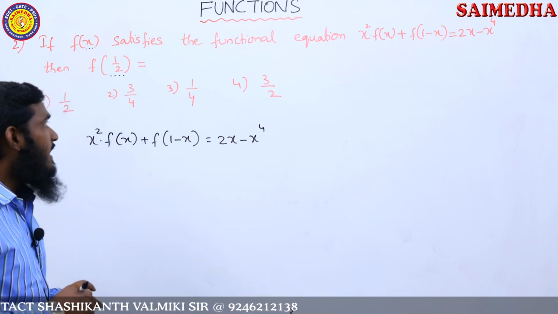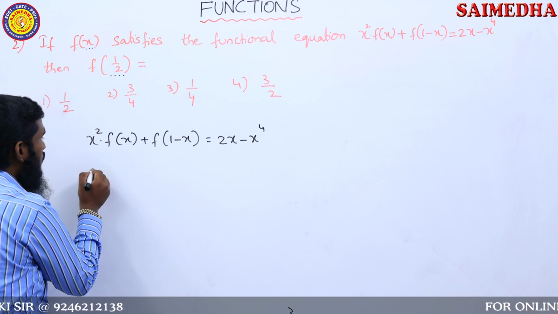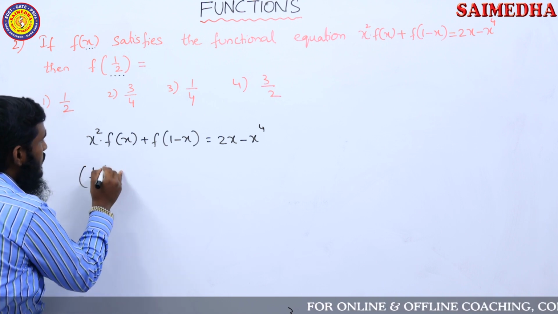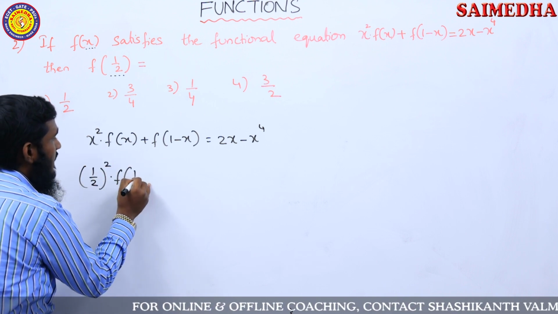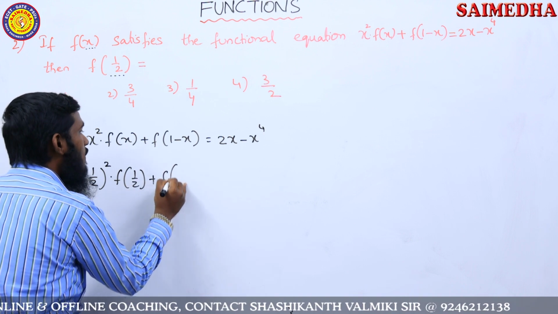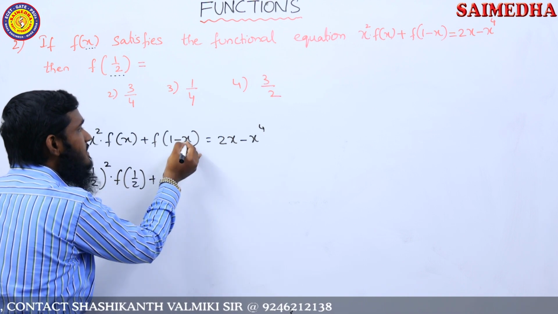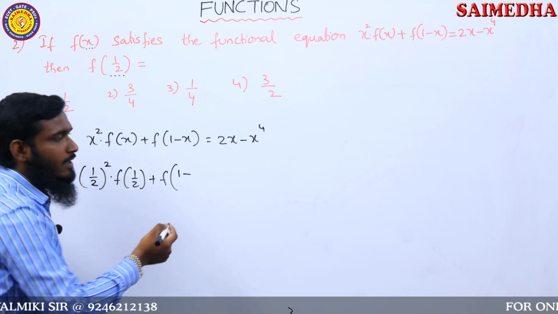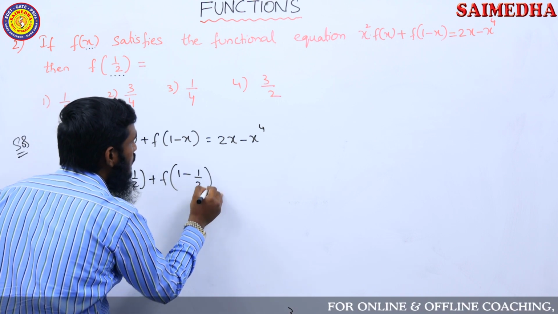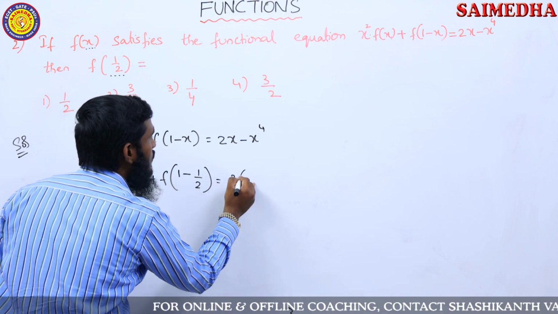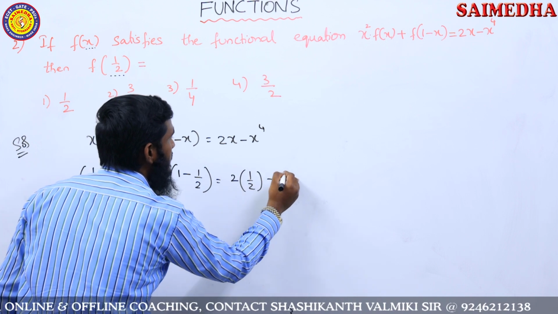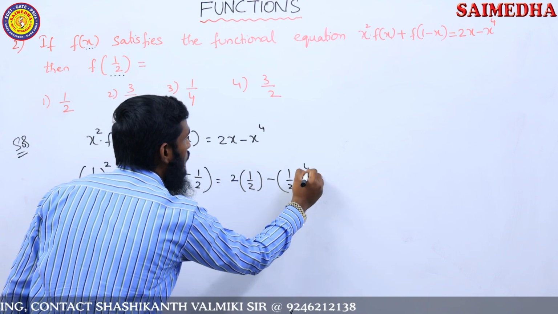So let us substitute the x value over here, 1 by 2. So 1 by 2 whole square into f of 1 by 2 plus f of 1 minus, in the place of x what we are writing? We are writing it as 1 by 2, which is equals to 2 into 1 by 2 minus 1 by 2 whole power 4 we have taken.